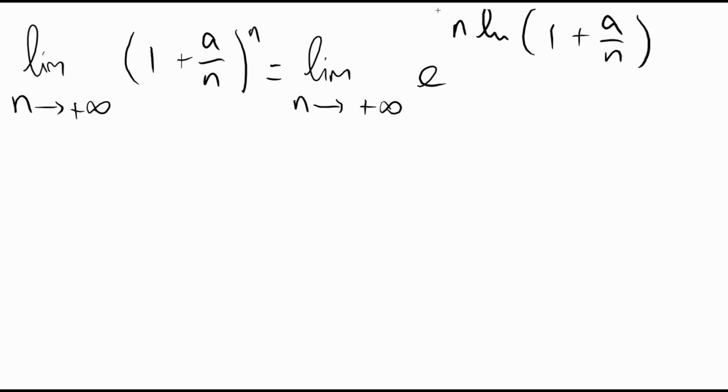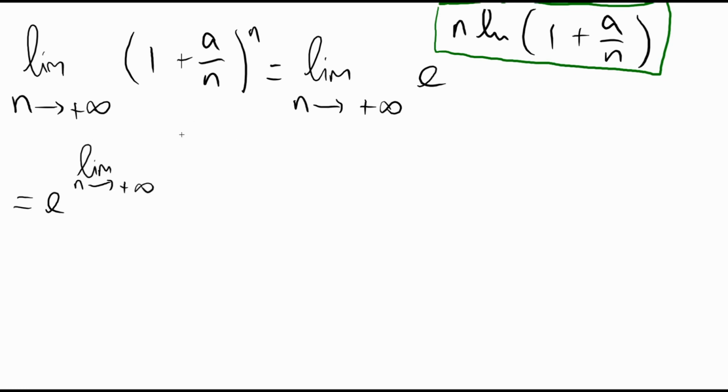Okay, so remembering that this green box here is what we found the limit of on the previous page, using L'Hopital's rule, this is going to give us e to the limit as n goes to infinity of that expression. And what we found on that previous page from that intermediate step is that the limit of that exponent is just a itself. And so that's where that limit comes from.